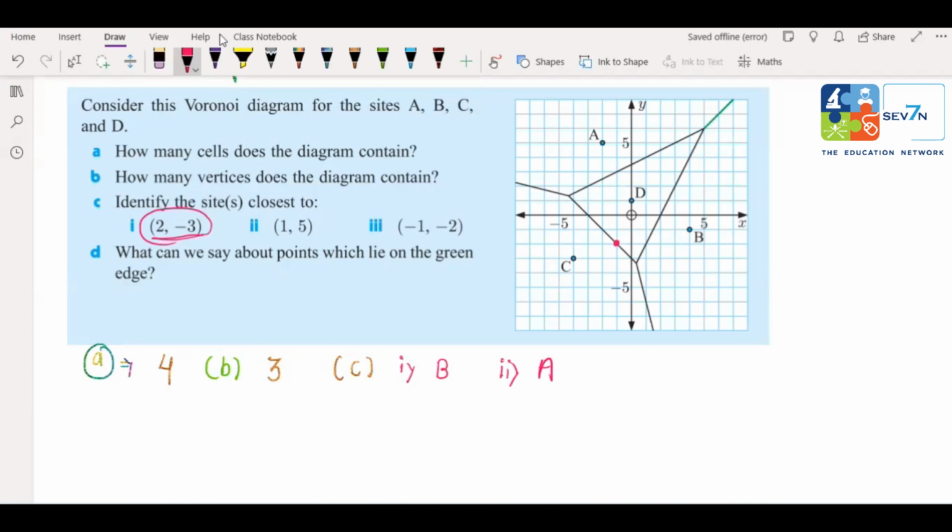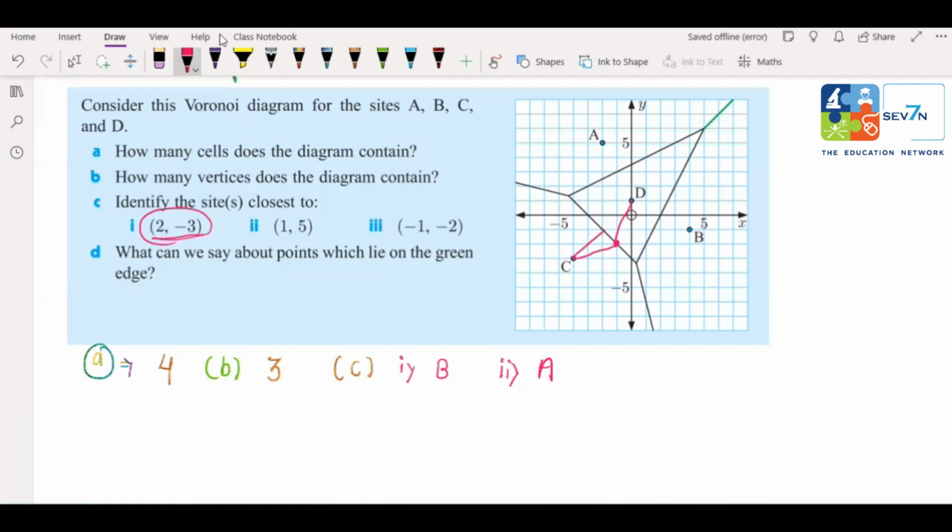Now I'm telling you one important definition. If any point lies on the edge, then that point is equidistant from C and D. Why?